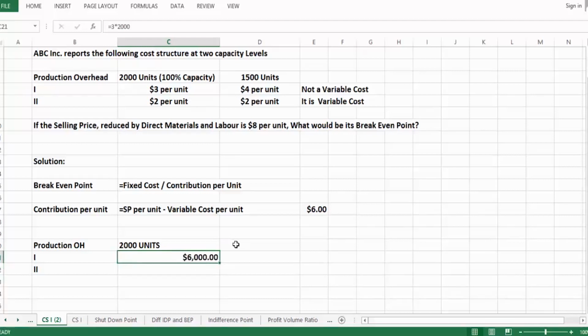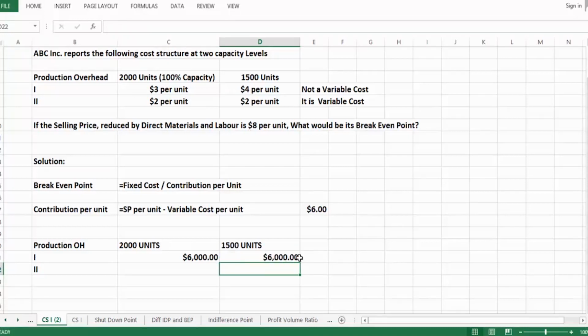And when your production has come down to 1500 units, what's happening to the production cost per unit? For one, it is becoming $4 per unit. So $4 multiplied by 1500, and here if you note, the cost is $6,000. So when it is 2000 units, the cost is $6,000, and when it is 1500 units, the cost is still $6,000.